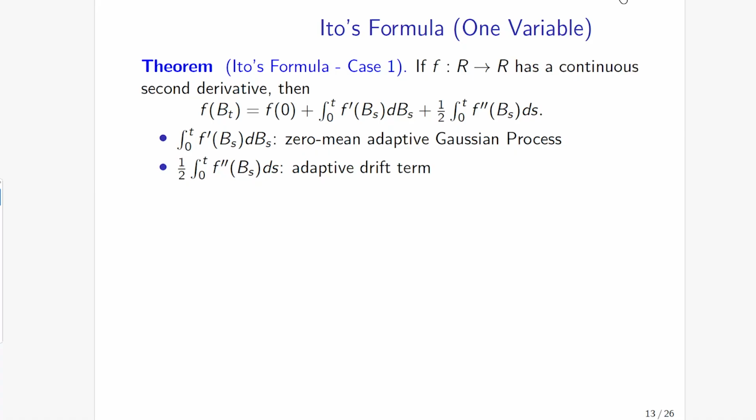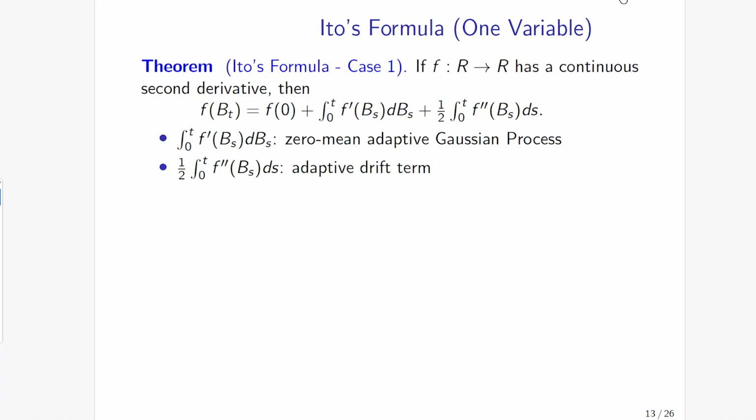If we consider first the case where little f is a real function mapping reals to reals, and it has a continuous second derivative, then we can express the function f of Bt in terms of its Taylor approximation, and we get this formula, which is Ito's formula for f of Bt.